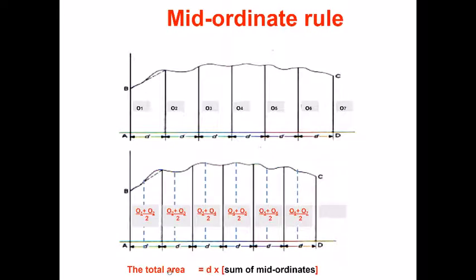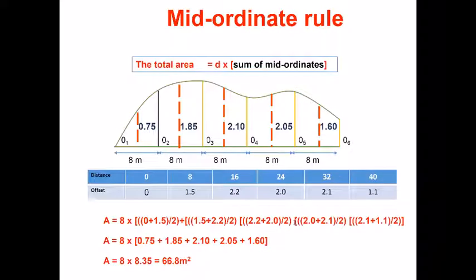So total area is equal to d times (O1 plus O2)/2 plus d times (O2 plus O3)/2 plus d times (O3 plus O4)/2. So you can take d as common, and the sum of the mid ordinates. The mid ordinates are the average ordinates at the center, so that means (O1 plus O2)/2 and so on. So this is how the mid ordinate rule can be used to calculate area.